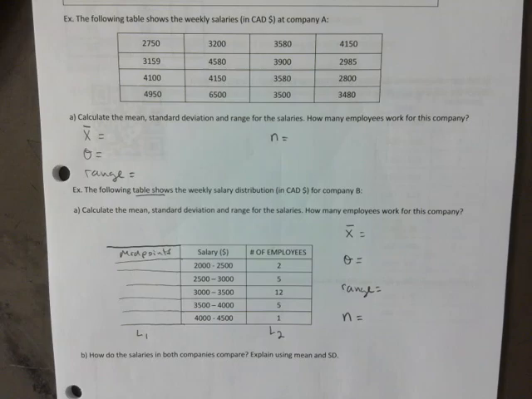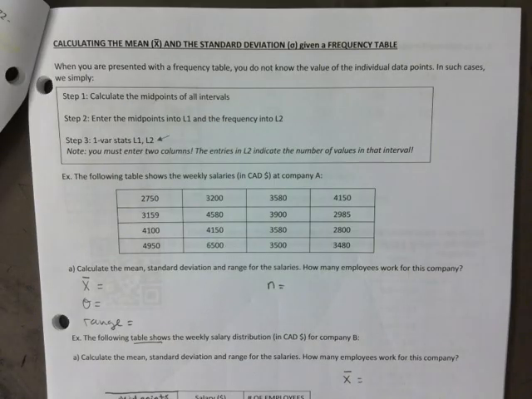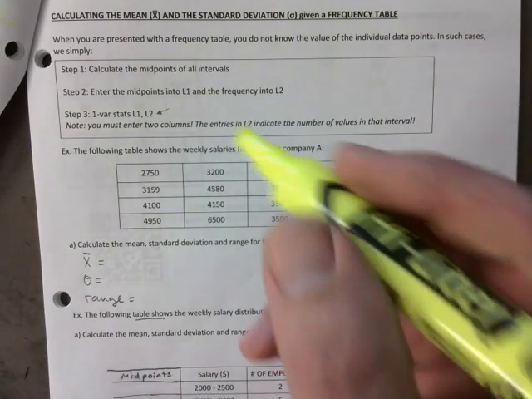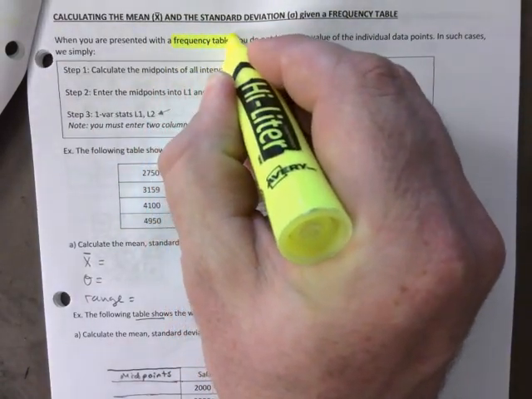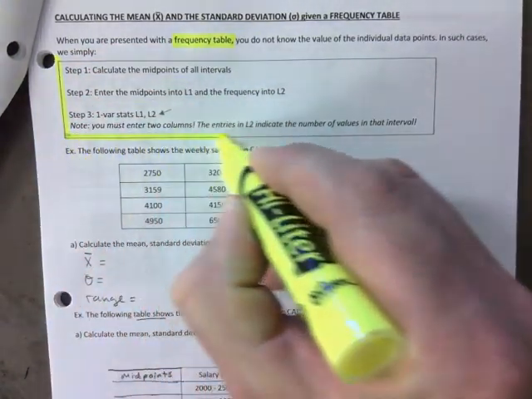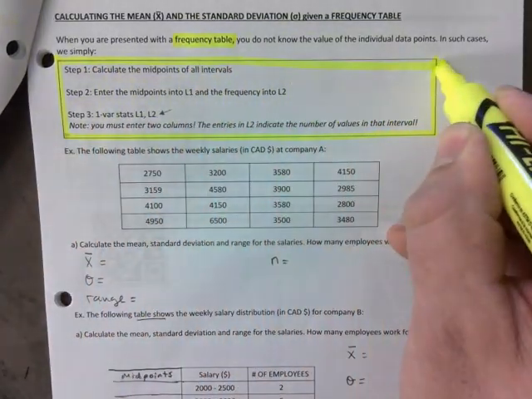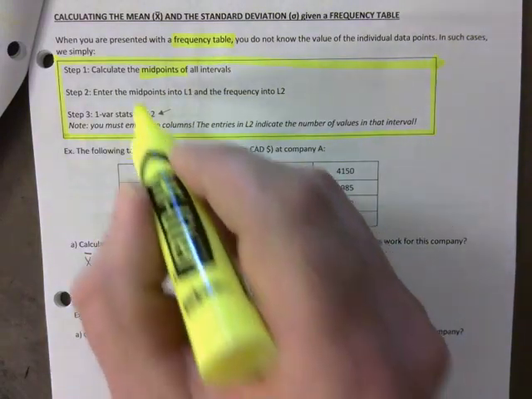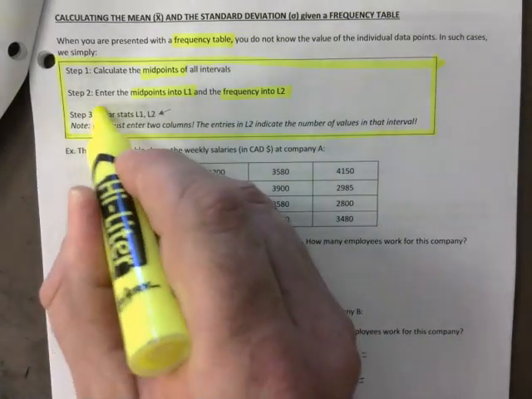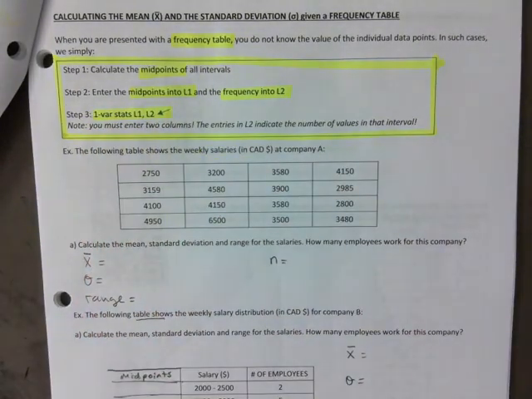And then we'll continue, time to do that one big graph there. At least fill out the frequency table. If you don't mind grabbing a highlighter, when it's a frequency table that you're dealing with, then this is the note that goes with it, which explains what we're doing, right? We're finding the midpoints. We put the midpoints into L1, the frequency into L2. And you should see something like that when you're about to find the mean and the standard deviation.